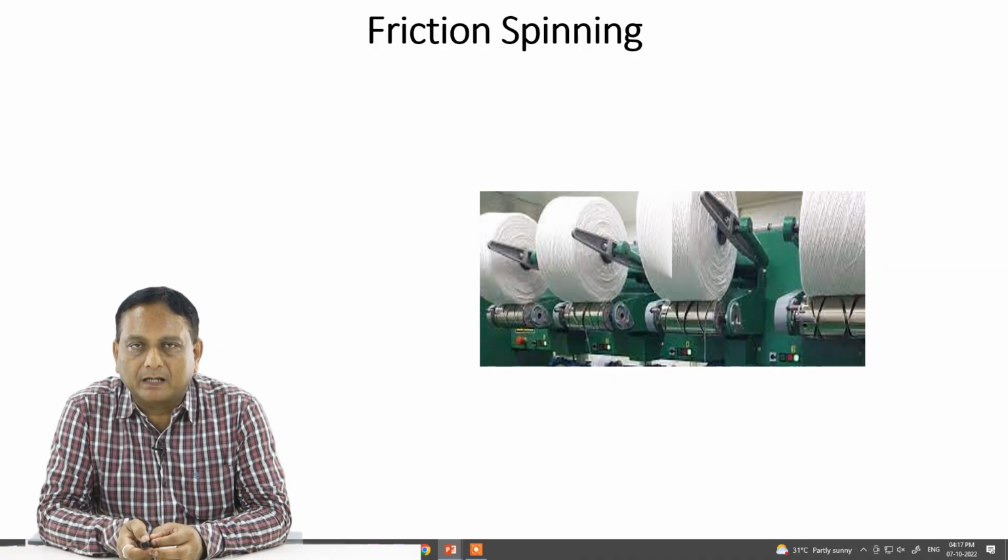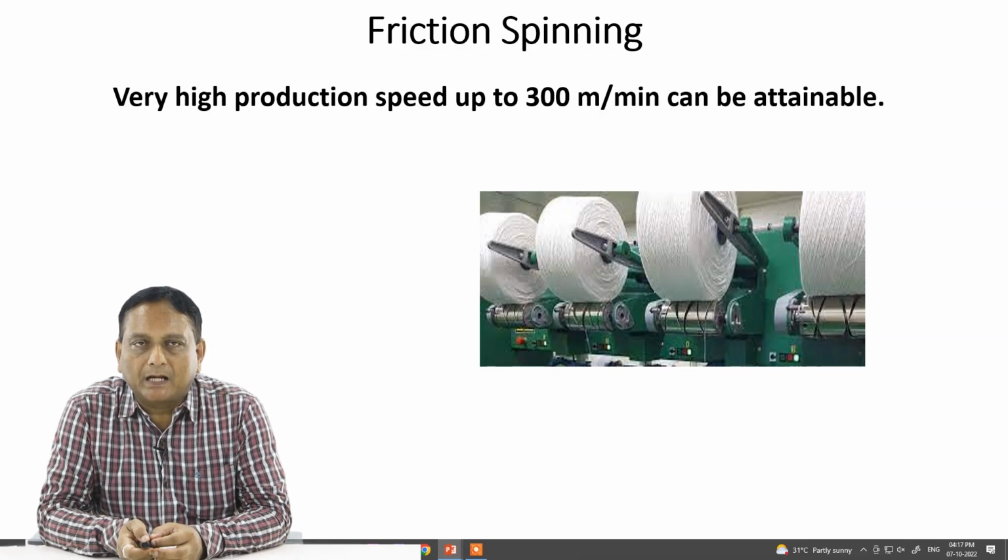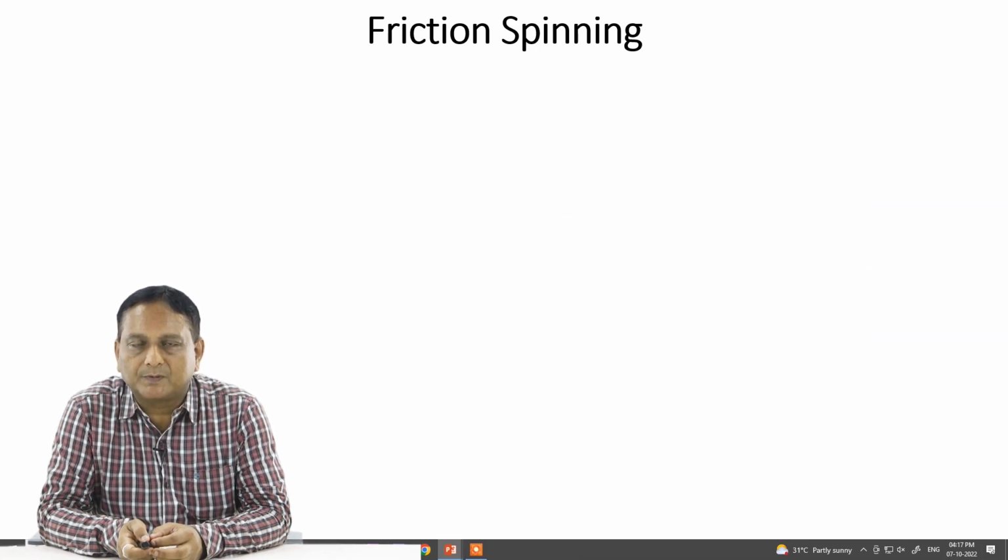Now in friction spinning, as we can see, it is done through friction, as we have already mentioned. So a very high production speed of 300 meters per minute is attainable in these friction spinning machines.